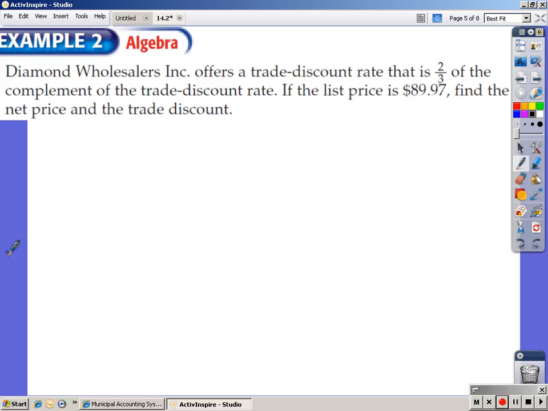Okay, before we work this, you really need to identify your variables. Okay, so let us let X represent the complement of the trade discount.